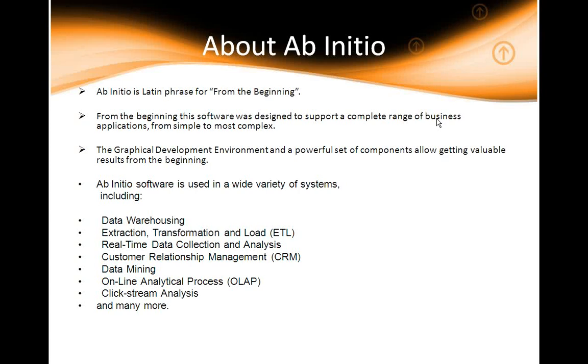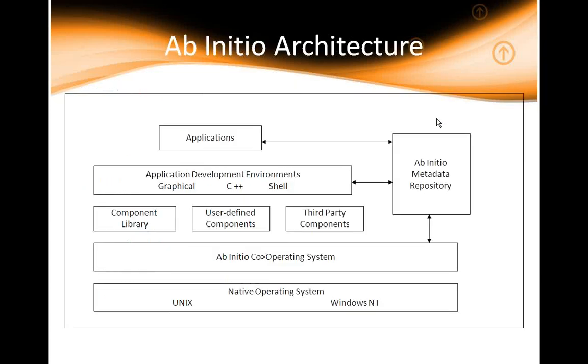But the main purpose of an ETL tool is to maintain a data warehouse. Apart from loading a data warehouse, it can be used for loading any other tables and files also.